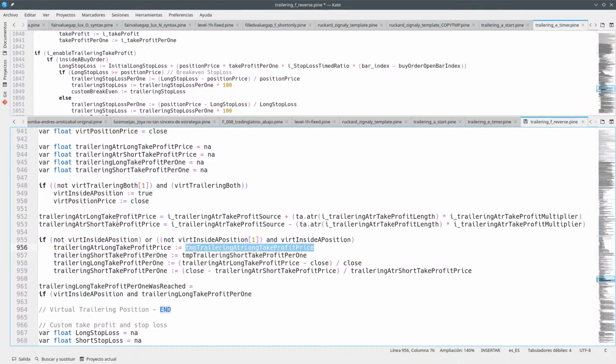So this is the TMP for long and this is the TMP for short. Damn it, I'm not doing this right. Why don't I have an ATR here? Short. Yeah.